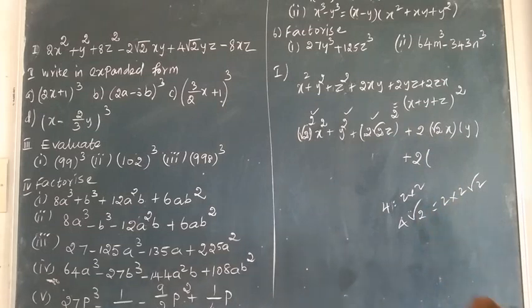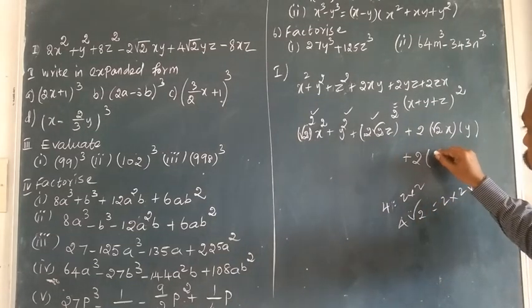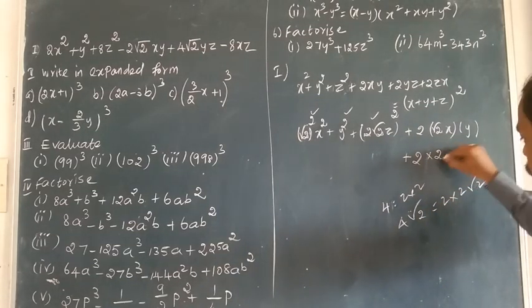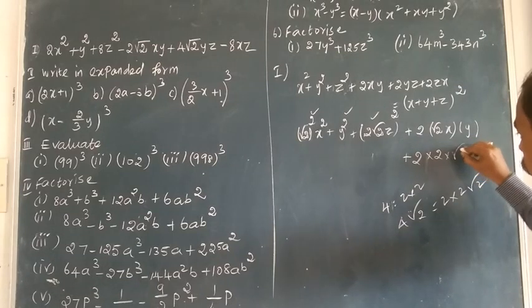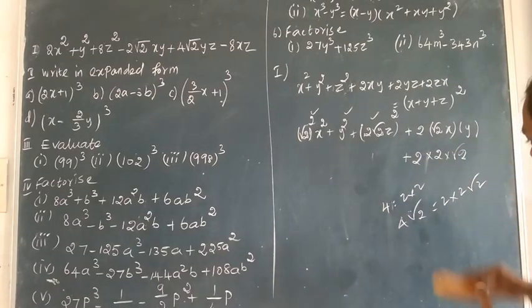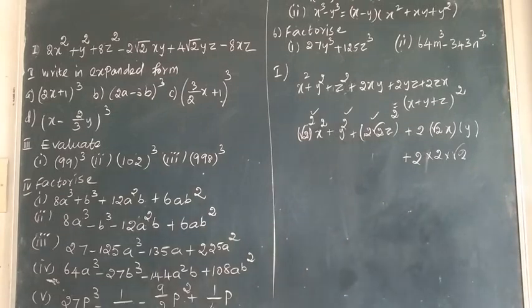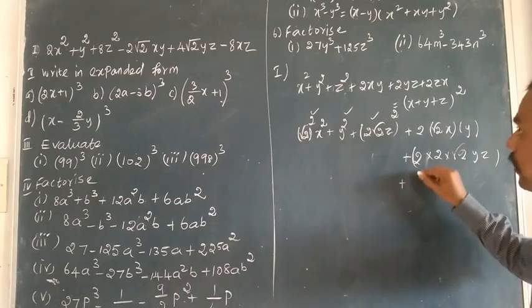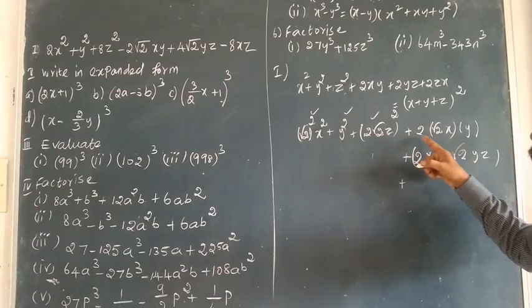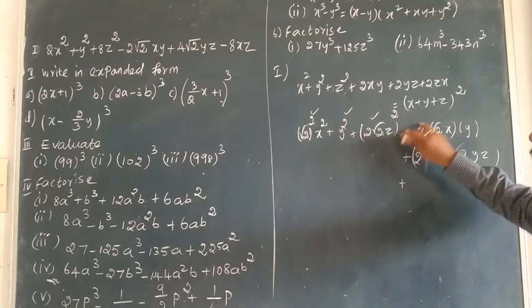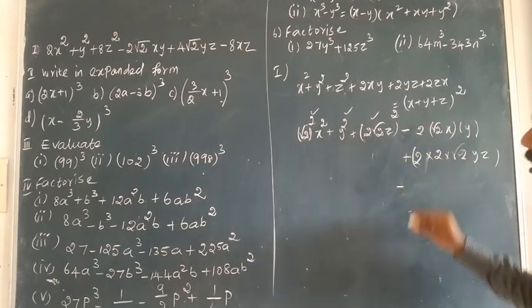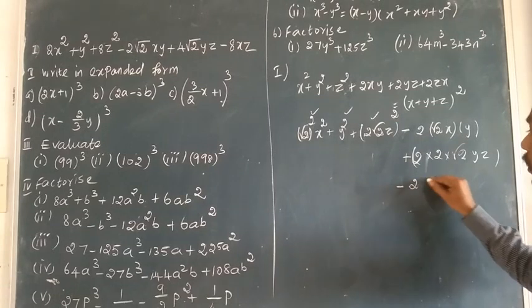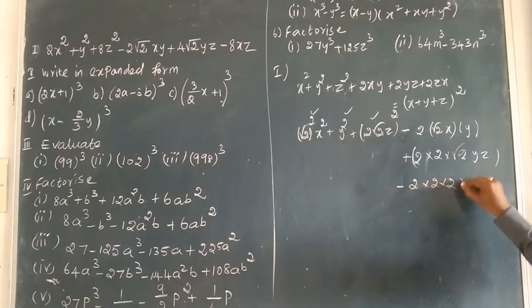We need y, so we write 2 into root 2, and y into z. This is the second one. Then plus, here we already need to write a negative, where it is negative it is already put, so also negative. Then 8: 2 we need to split, so 2 into 2, x into z, this one.